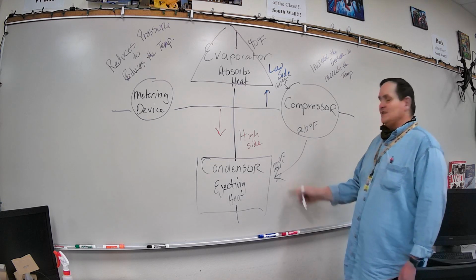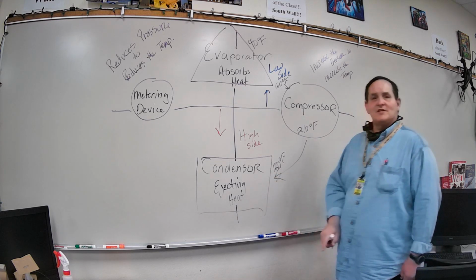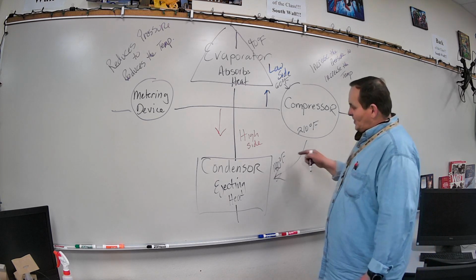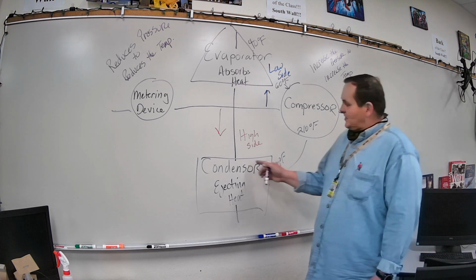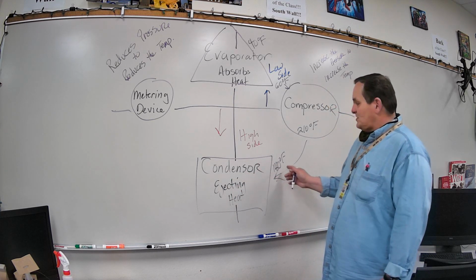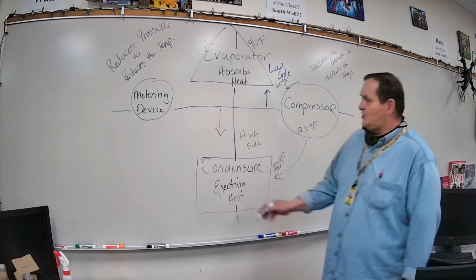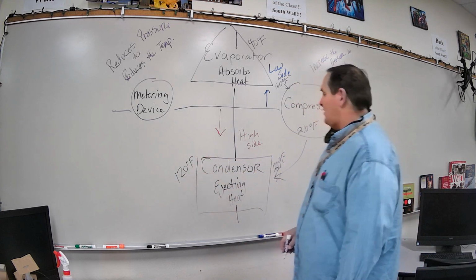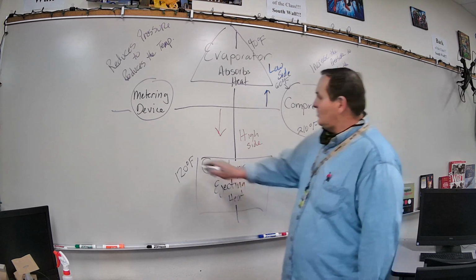So it's already given its heat up before it even gets to the condenser. All right? So when it goes into the condenser, it starts to eject the heat. Once it starts to reduce the heat, the temperature reduces. So it gets down to maybe 100 degrees Fahrenheit, and it's now liquid.